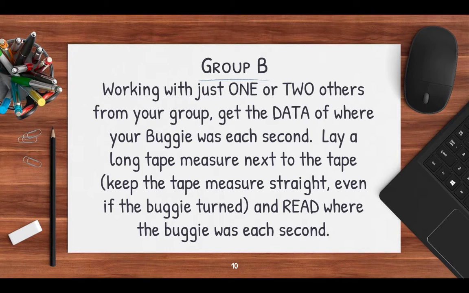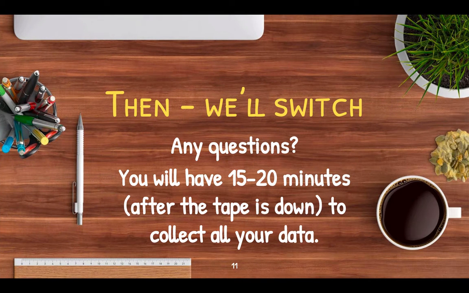And then you read where the Buggie was each second. So you're going to do one Buggie car and one bubble tube. Then we'll switch groups A and B. You'll have 15 to 20 minutes after the tape is down to collect all your data.